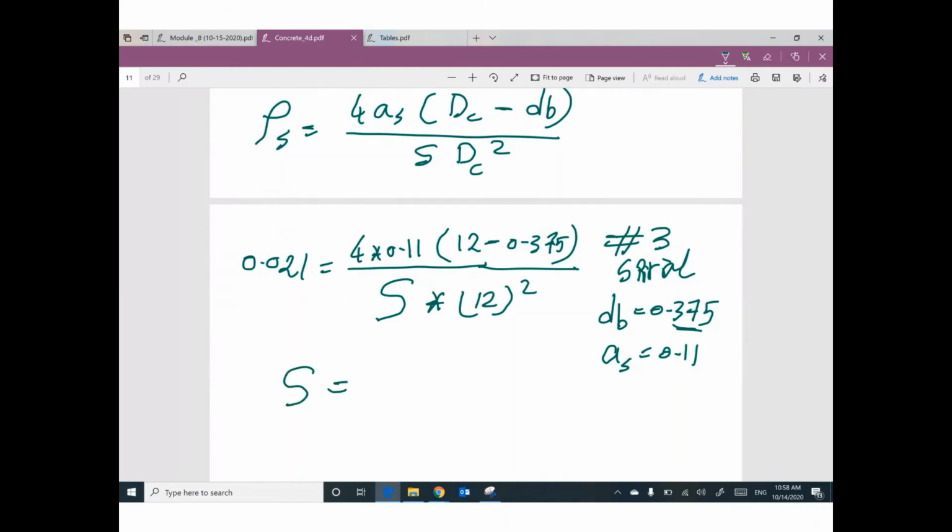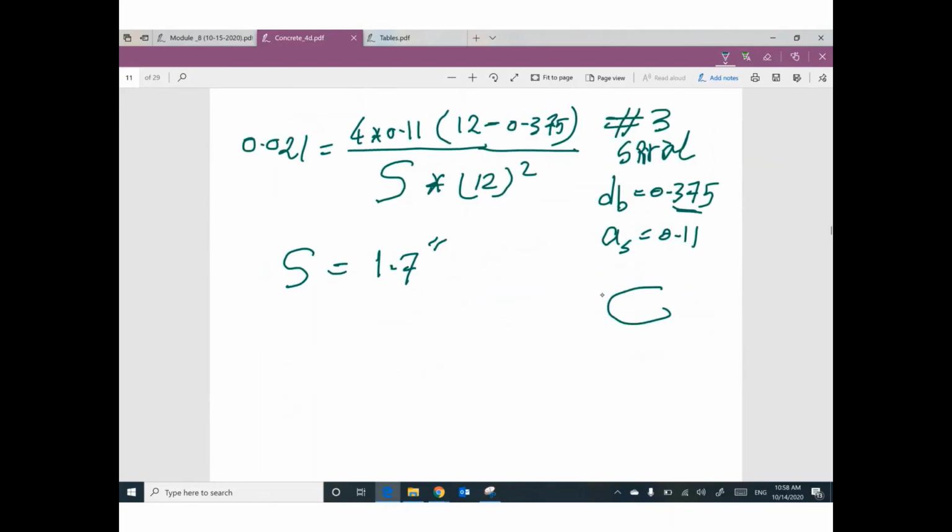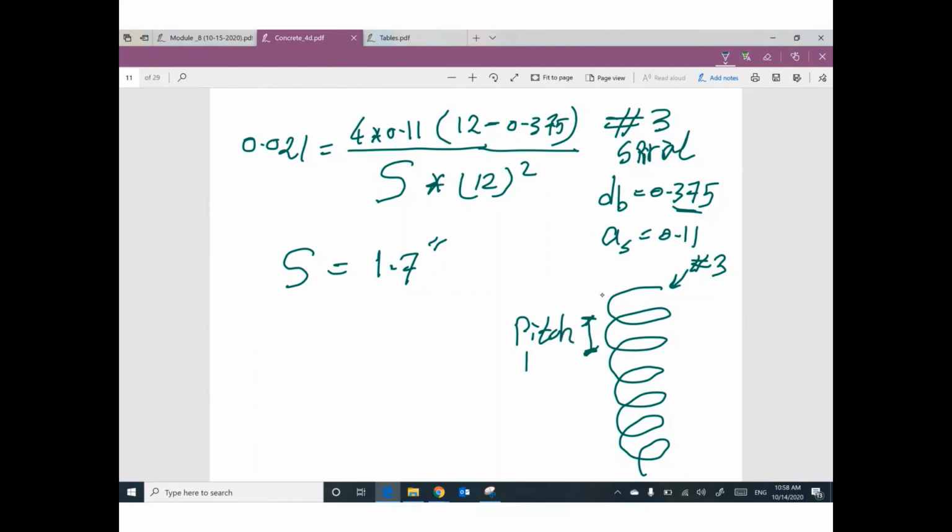It will be 1.7 inch. So, guys, the spiral will be number 3 and the distance, which is called the pitch of this spiral, will be 1.7 inch.